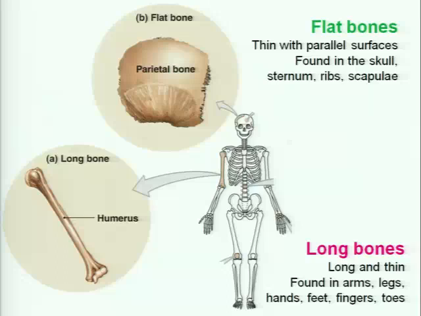There we go. They're also in your hands, your feet, your fingers, and your toes. Oh, I forgot I have my pointer, hopefully working. Look at that. Me and technology. Here, even these little bones in your hands and your feet are considered long bones.